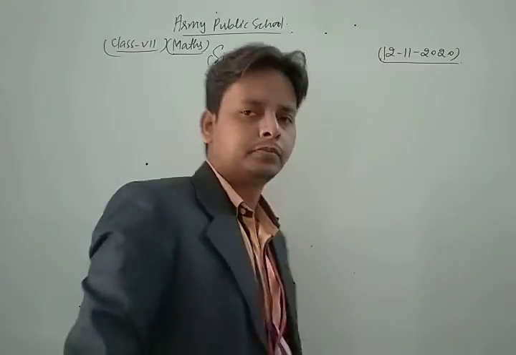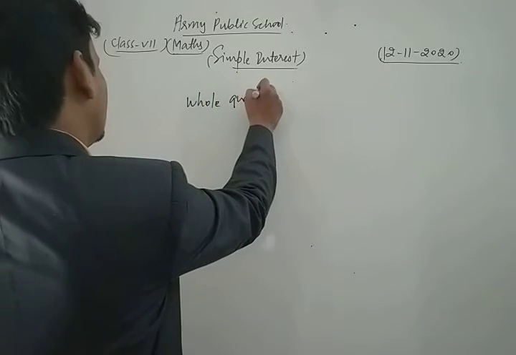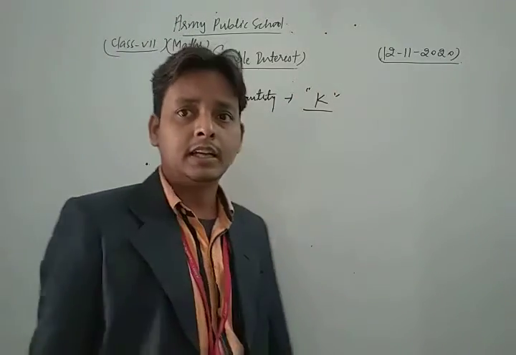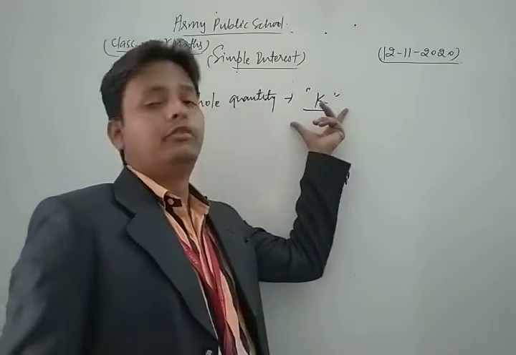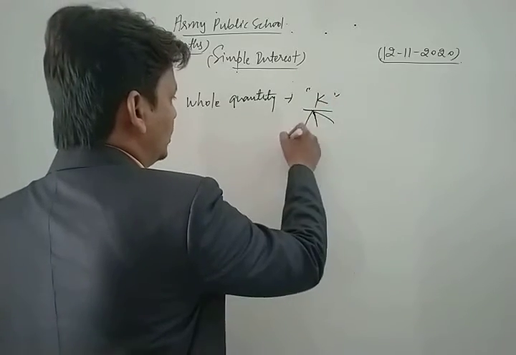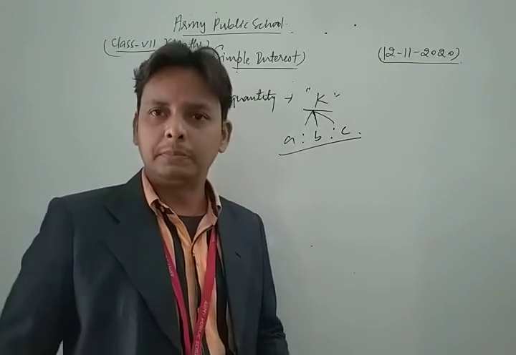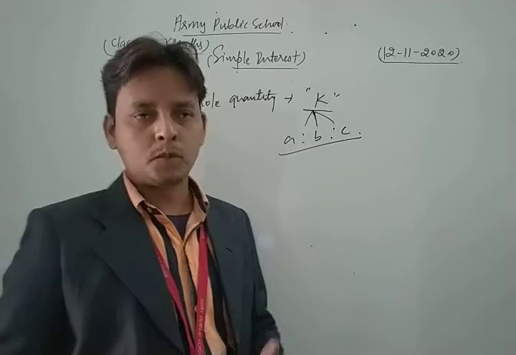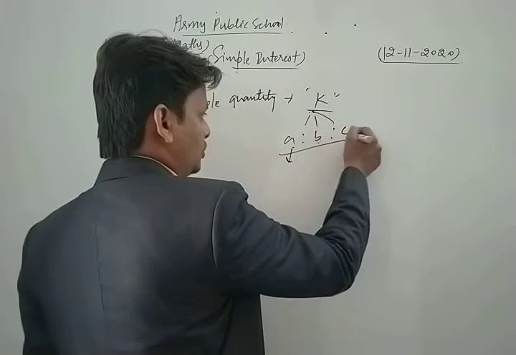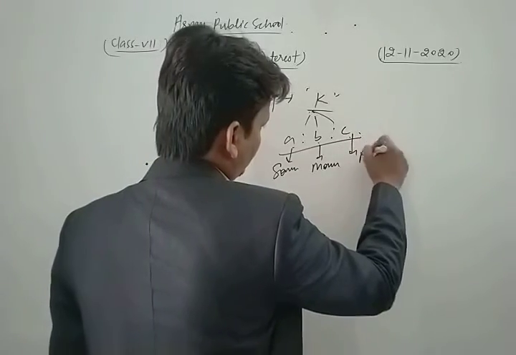Dear students, suppose that the whole quantity is K. And we divide that quantity in the ratio A is to B is to C amongst three persons, Sonu, Monu and Raj.